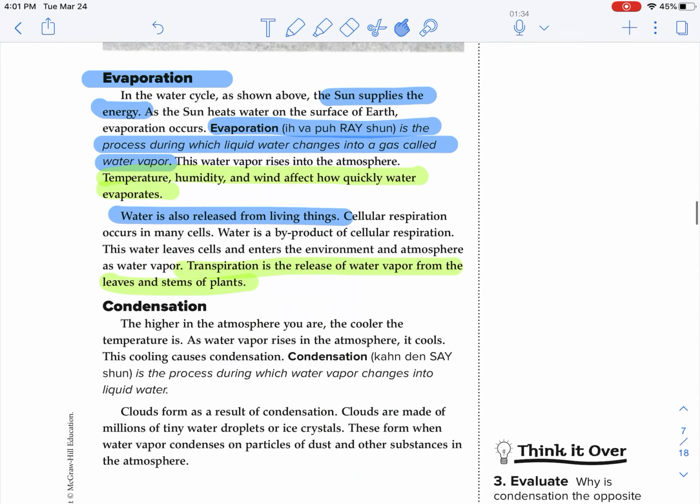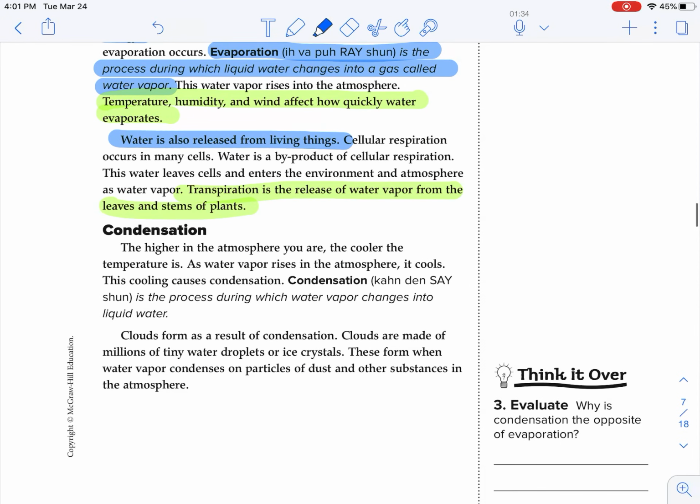All right, condensation. The higher in the atmosphere you are, the cooler the temperature is. As water vapor rises in the atmosphere, it cools. Let's go ahead and highlight that. That's important. This cooling causes condensation.